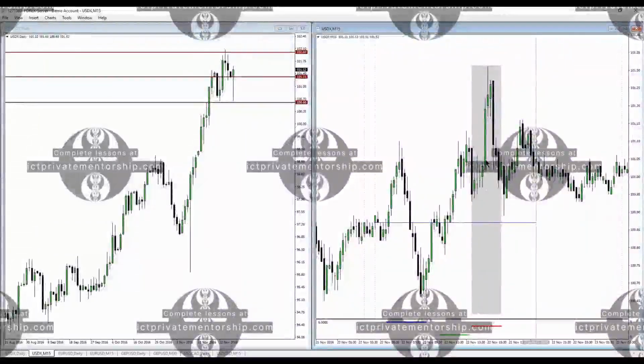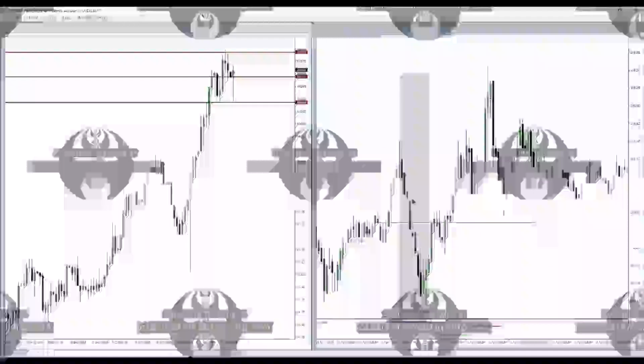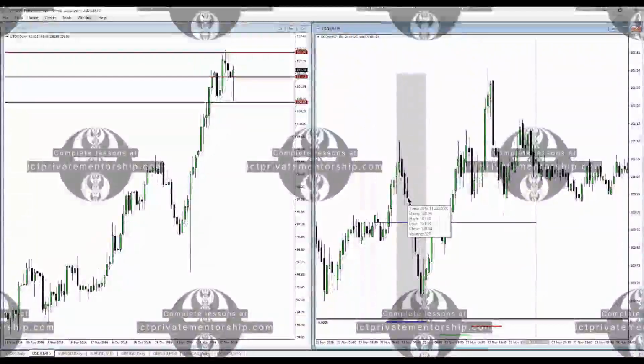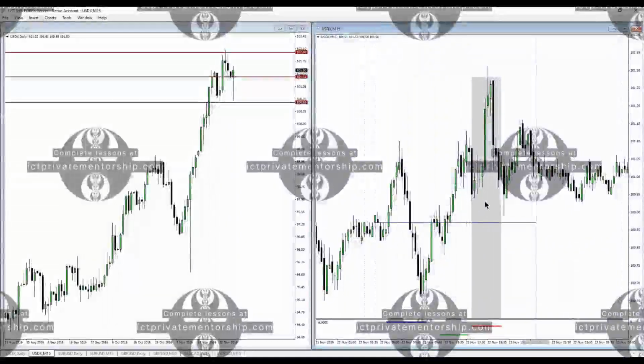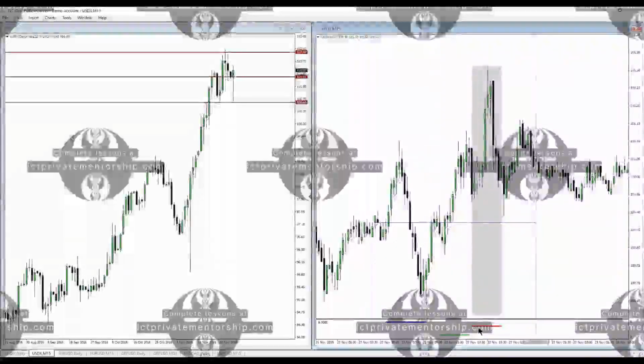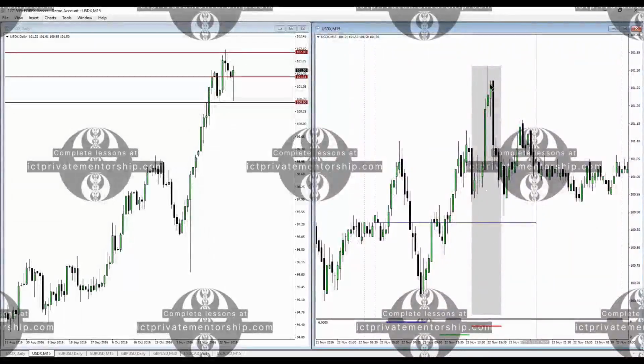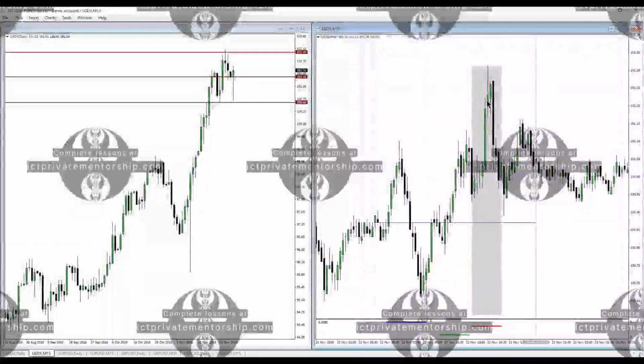Now, if we know that this is the time of day that creates the higher low, in other words, London creates the higher low, and then London close, which is delineated by the red area over here, will create the opposite end of the daily range. So if London creates the low of the day between these red time periods, that's your London close kill zone, that will give you the opposite end of the daily range 80% of the time.